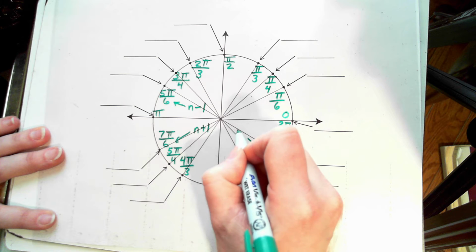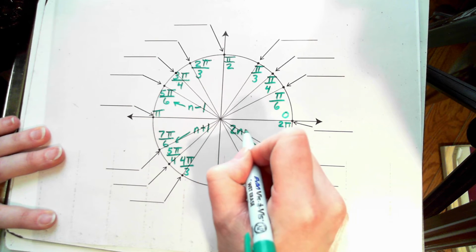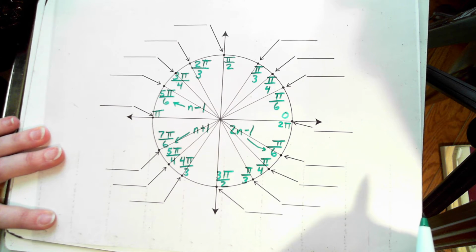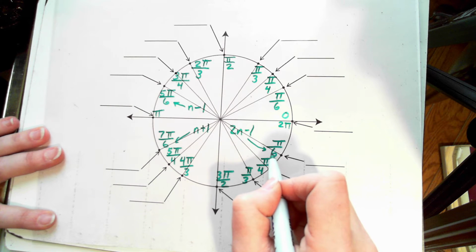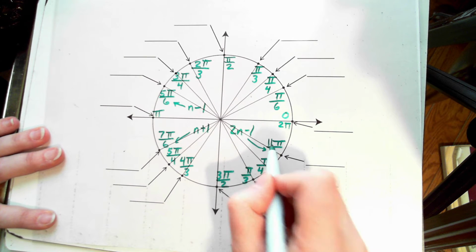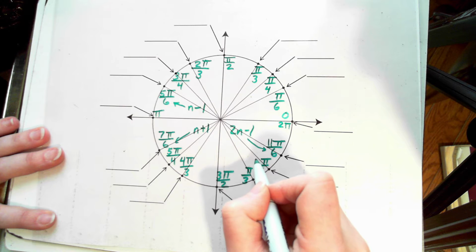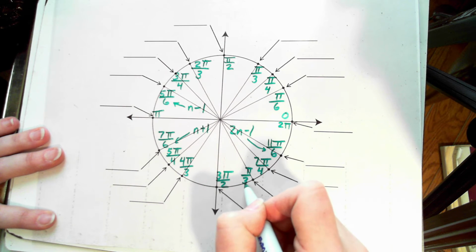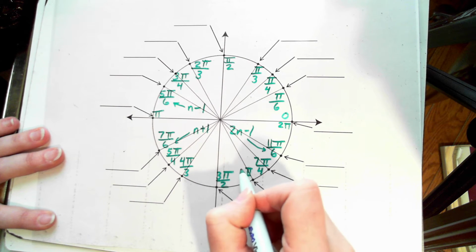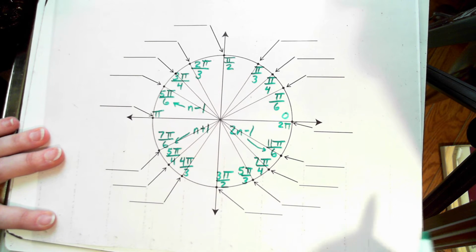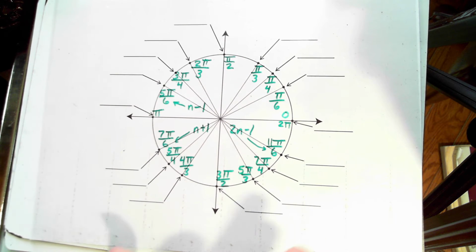Again, I'm going to call it n. I'm going to multiply it by 2 and subtract 1. So 6 times 2 is 12, minus 1 is 11. 4 times 2 is 8, minus 1 is 7. 3 times 2 is 6, minus 1 is 5. And those are all the radian measures I need on my unit circle.